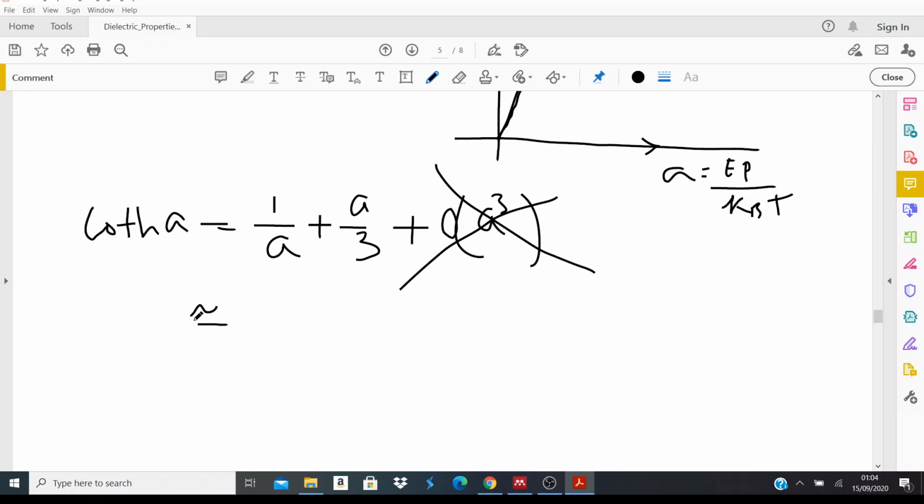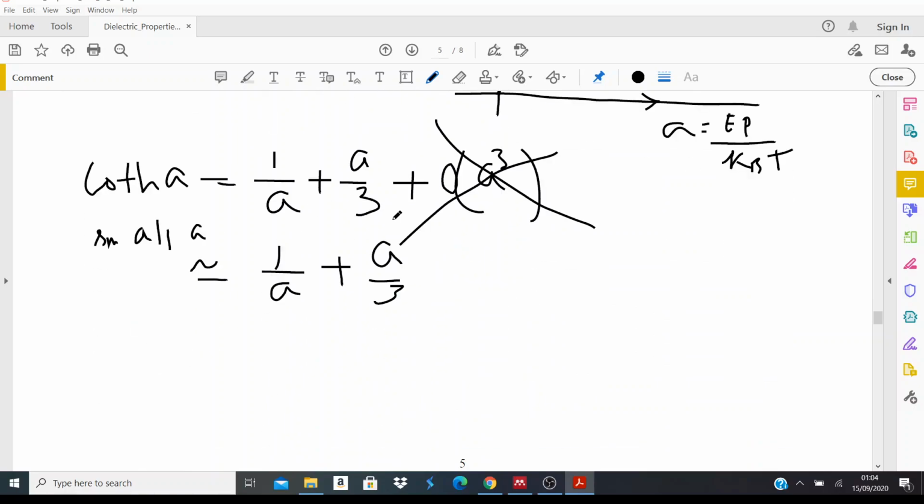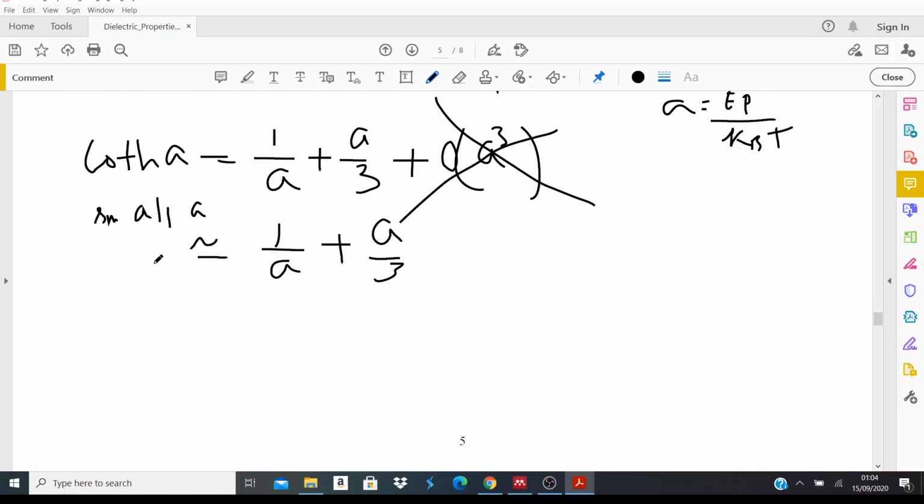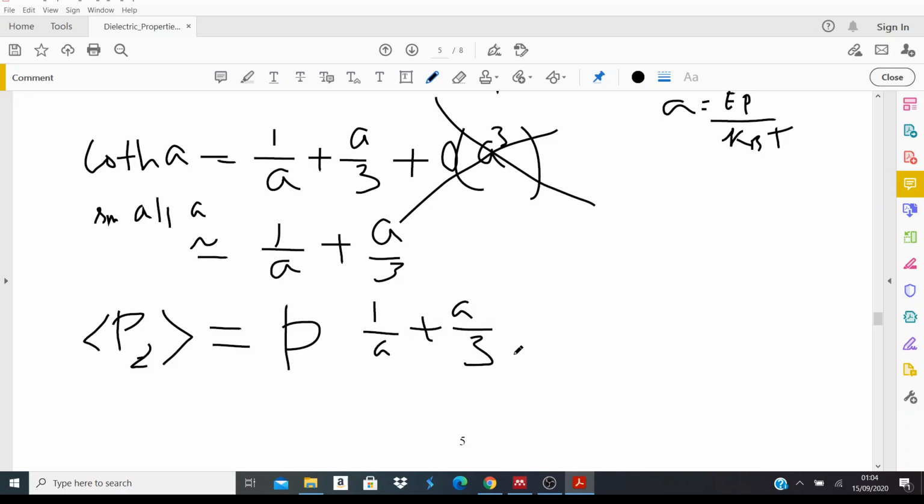Then we can approximate the coth function for a small a. That's a really important thing. For small a, the coth is nothing but 1 by a plus a by 3, right? And if you replace this coth function, then the expected value of pz along p becomes p times 1 by a plus a by 3 for the coth, and there is also a 1 by a term there.